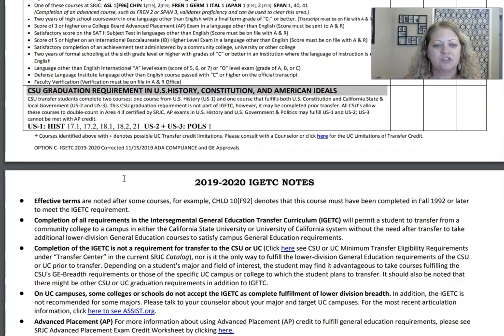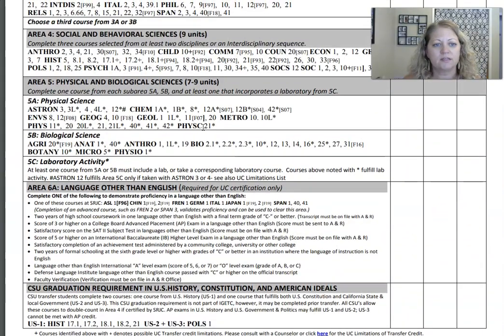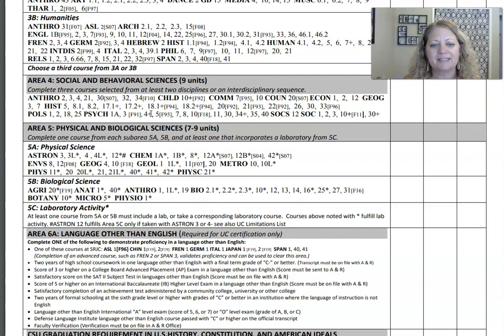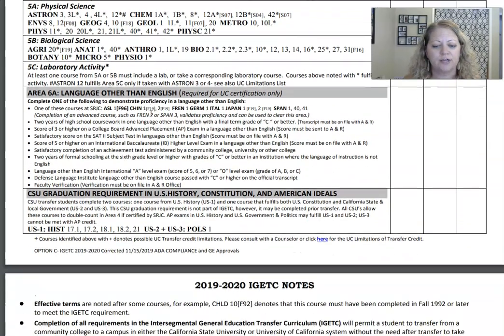Remember, this is that CSU graduation requirement of 1 U.S. history and 1 political science. This does not have to be done to complete general education. It's on here because these courses are up in Area 4 and can double count for you, okay? So it's not because it has to be done, but if you want to get that completed prior to transfer, you could.